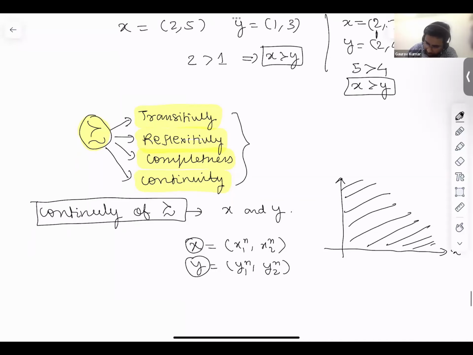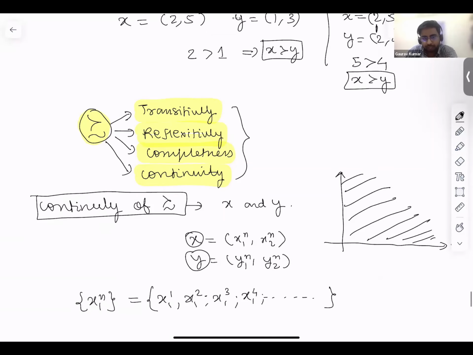When you define a sequence x1n, it means this. This is a definition of a sequence. You will learn this in real analysis in a rigorous manner.